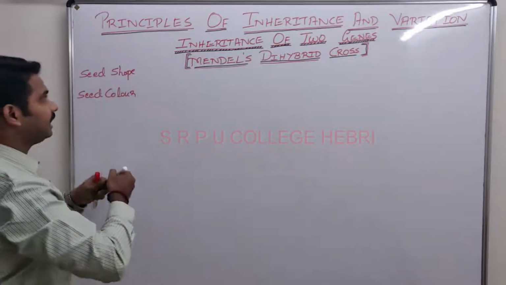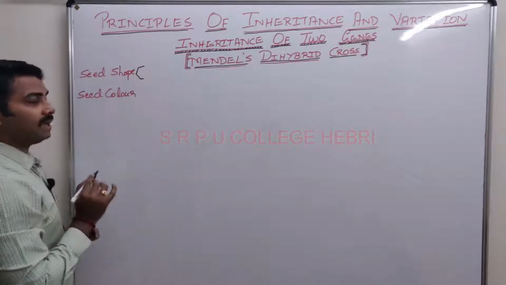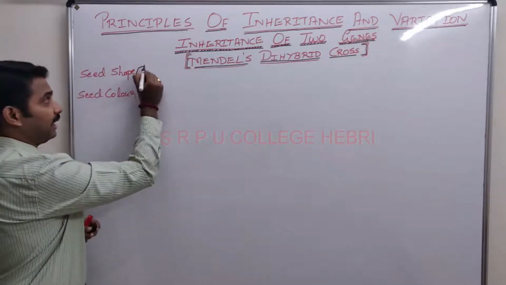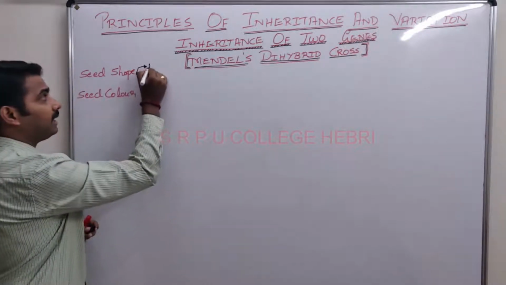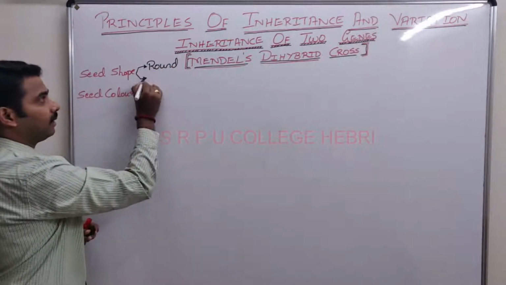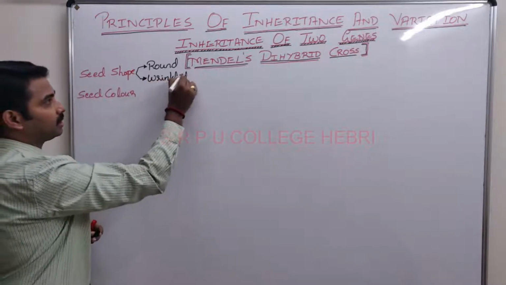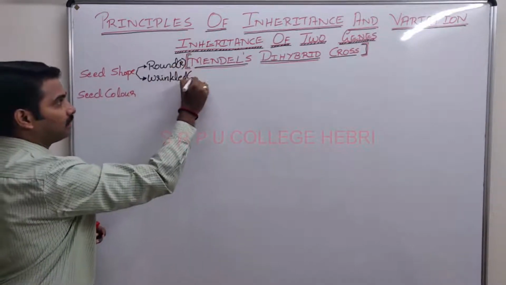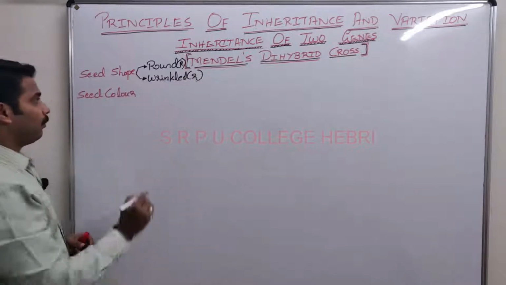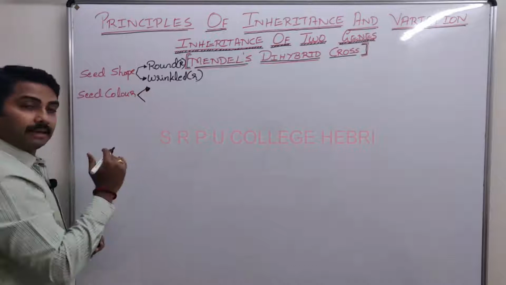One is seed shape, and you already know that seed shape is available in two traits. What are they? One is round seed and another one is wrinkled seed, capital R, small r. Whereas seed color is available in two traits.